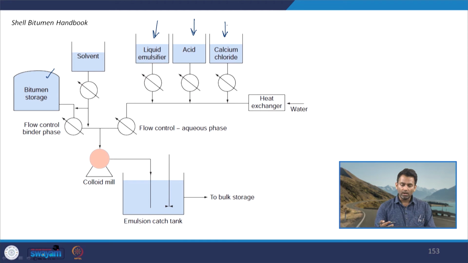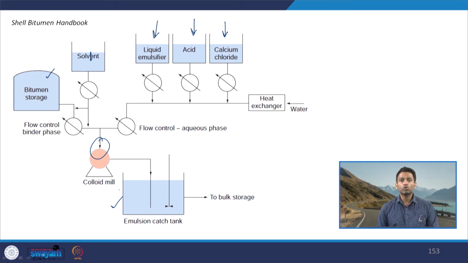These are required to improve the stability of the system, sometimes also to prevent the osmosis which may happen, and they are sent together into the colloid mill. Finally, when the shearing has taken place, we can collect it in the emulsion catch tank and it is sent for storage.